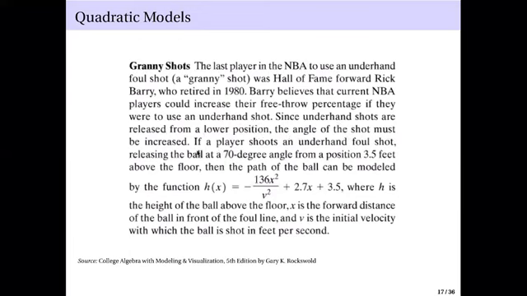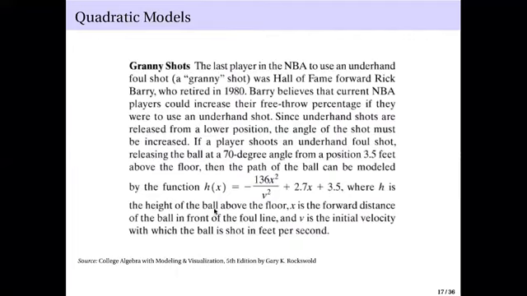Now, if a player shoots an underhand foul shot, releasing the ball at a 70-degree angle from a position 3.5 feet above the floor, then the path of the ball can be modeled by this function here. So you have h of x equals negative 136x squared over v squared plus 2.7x plus 3.5.